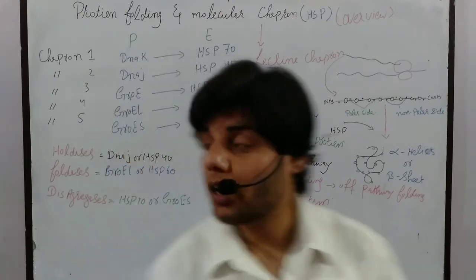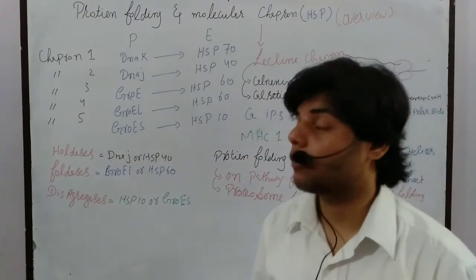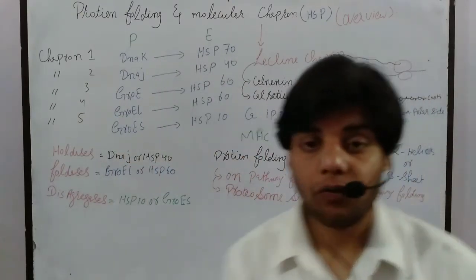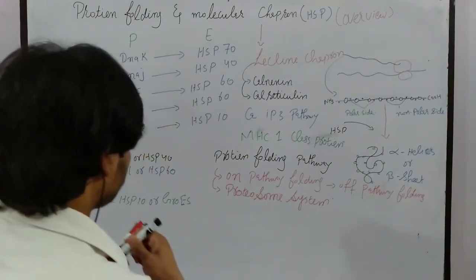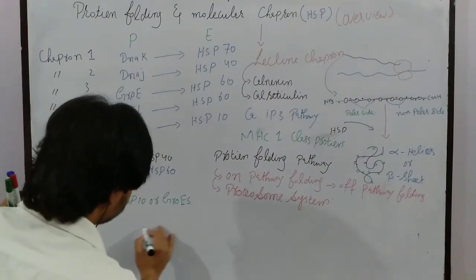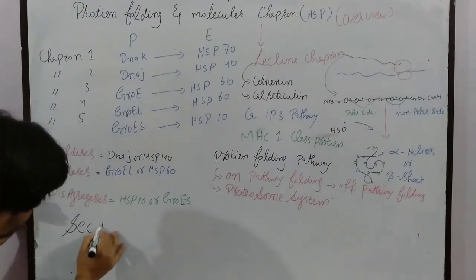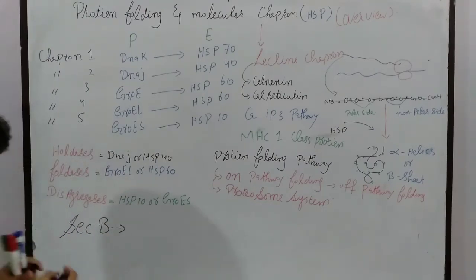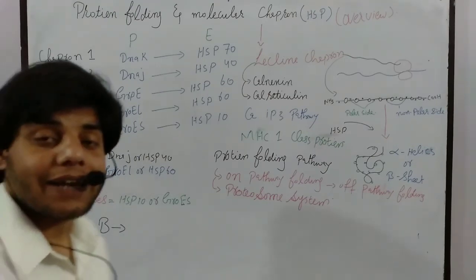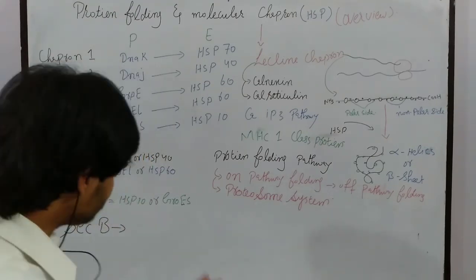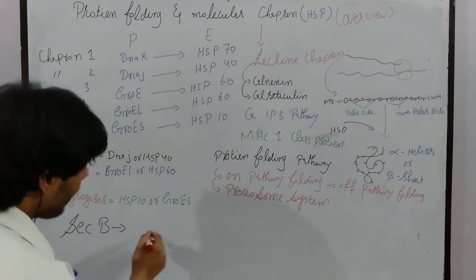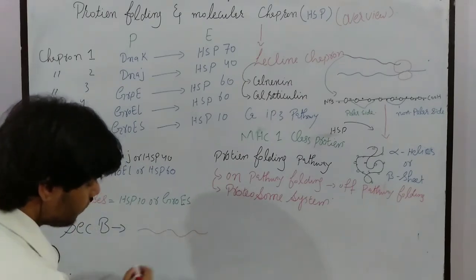These are also functions of molecular chaperones in protein folding. One thing that I forgot here, we also have another chaperone, we call SecB. This SecB is also important in the Sec-dependent pathway. In this case we have the unfolded form of the protein, as you can see.